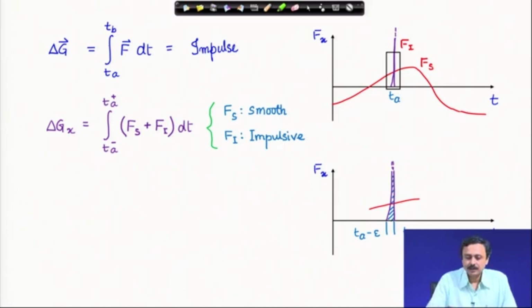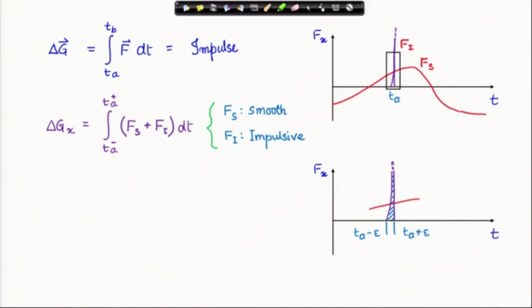For example, here I have written this relation when two kinds of forces are acting, smooth forces F s and impulsive forces F I. The smooth force is shown by this red curve, whereas the impulsive force is shown by the purple curve. As you can see, the impulsive force acts for a very, very short time at a location.